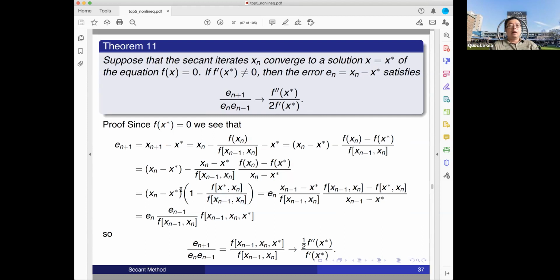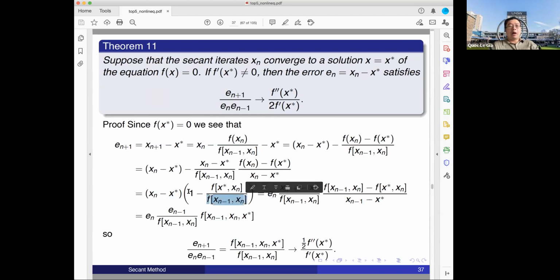And then what is this one? This one is nothing but en, right? En is xn minus x star. And for the thing inside here, first I cross multiply.